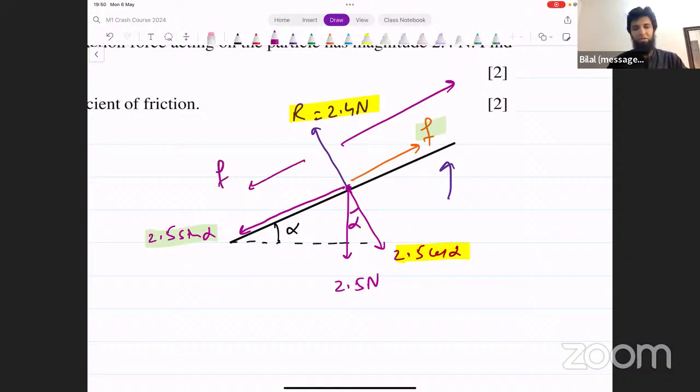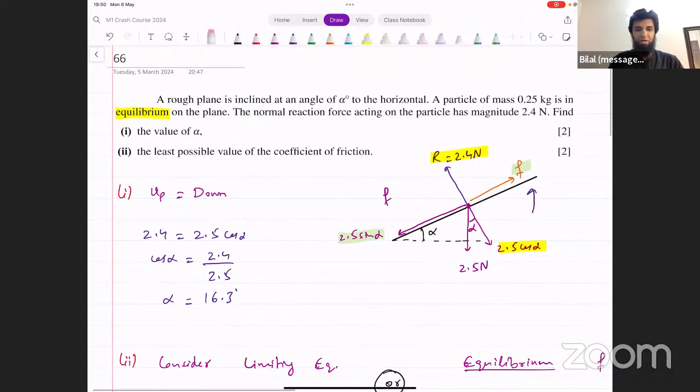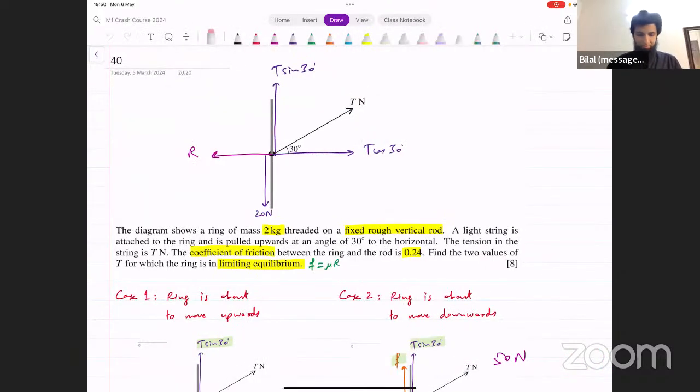So sometimes you have to consider one of these cases, sometimes you have to consider both. But that's something you always have to do in problems like these. Least value of something, greatest value of something, and you have a rough surface involved, consider using limiting equilibrium in those cases. Okay.